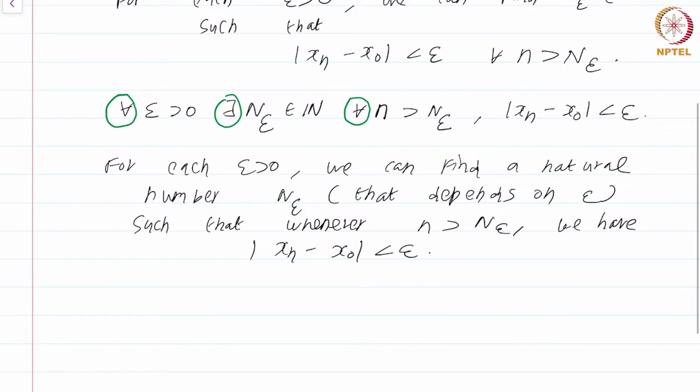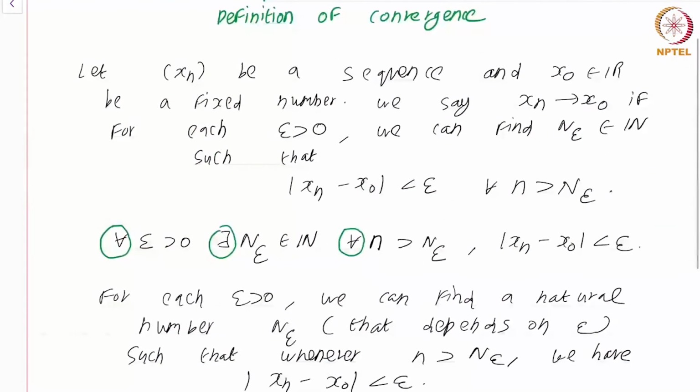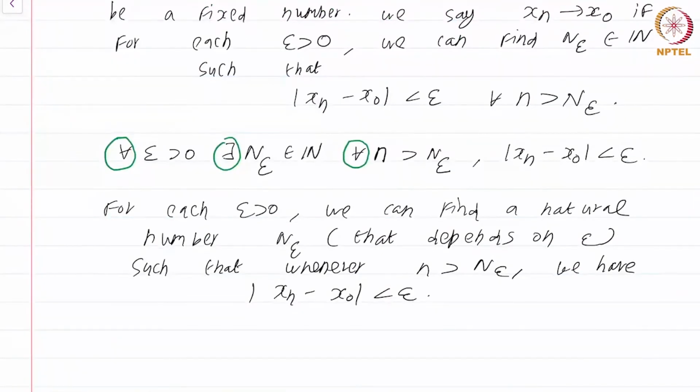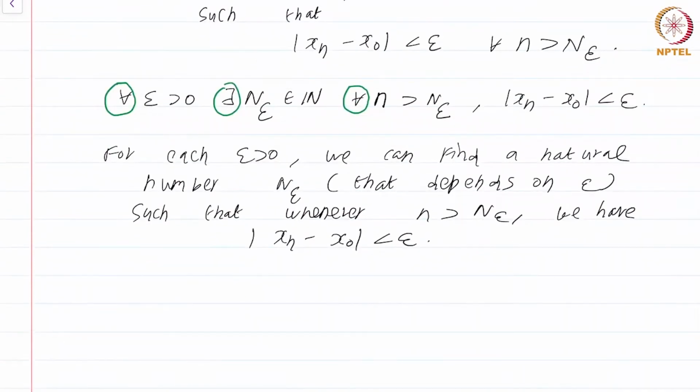So we started off with the definition which was more or less in English. We translated it to logical symbolism. Now we have translated back. So the key point that I want you to take from this is that the choice of N_epsilon depends on epsilon.